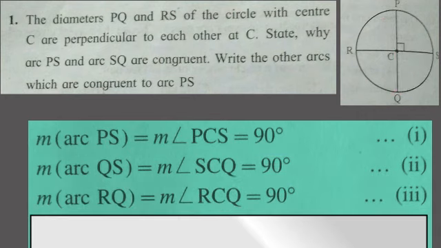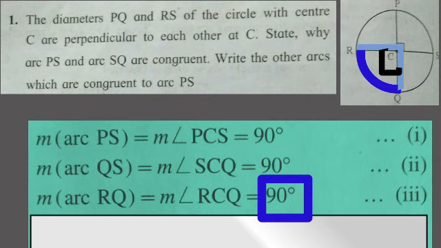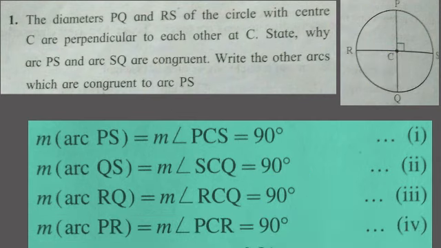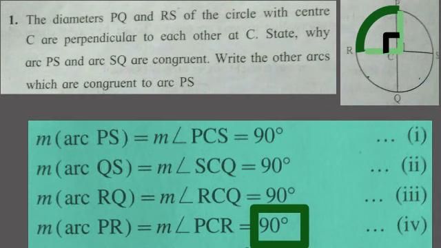Let's see towards the third angle, that is measurement of arc RQ is equal to measurement of angle RCQ is equal to 90 degrees. This is our third statement. And the fourth one is measurement of arc PR is equal to measurement of angle PCR is equal to 90 degrees, which is our fourth statement.